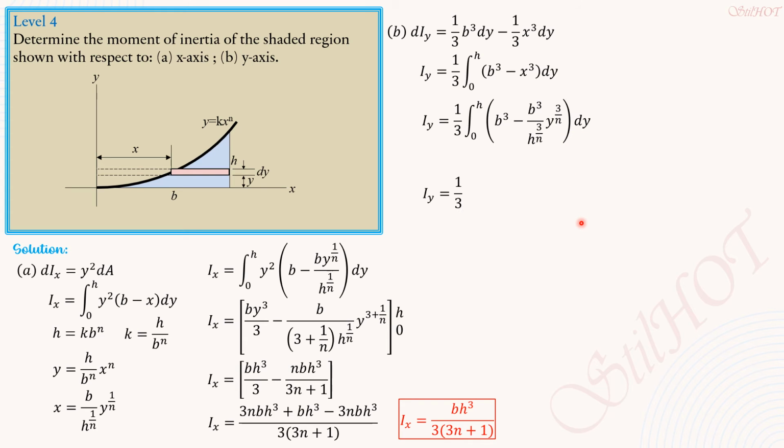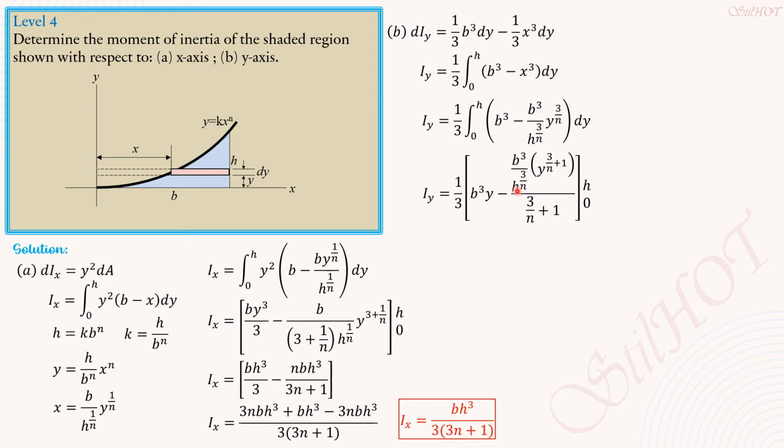So Iy equals 1/3 quantity b cubed y minus b cubed over h to the 3 over n times y to the 3 over n plus 1, all over 3 over n plus 1, by the power formula, from 0 to h. Factoring out b cubed, this becomes h.